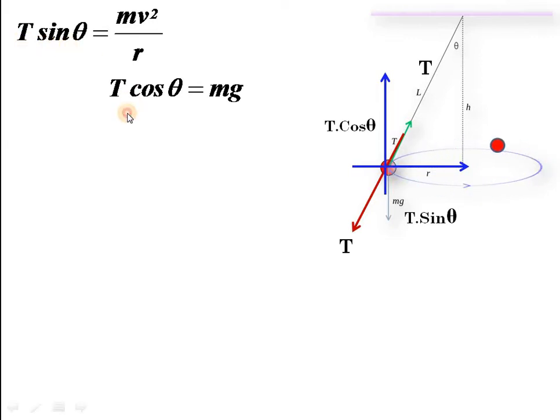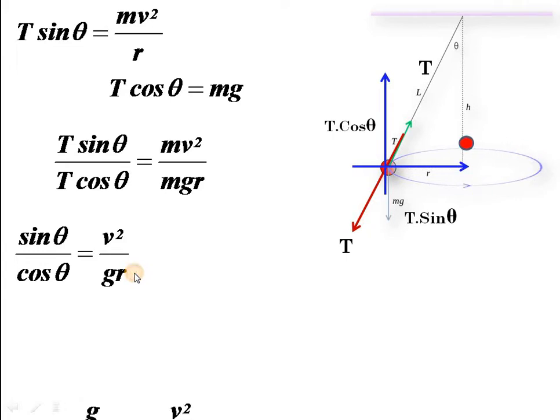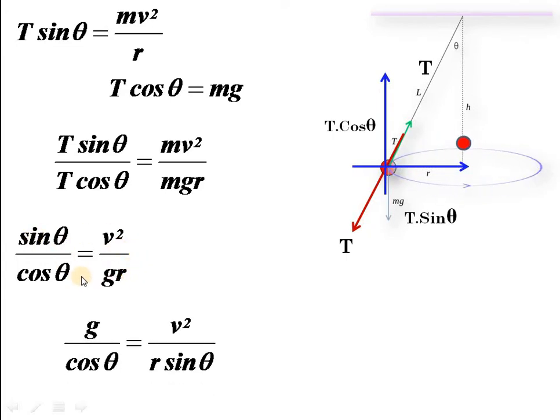So we have now two relations, one is the T sin theta relation, one is the T cos theta relation. If you divide T sin theta by T cos theta, you get mv square by r by mg. It's a very simple relation, and by cancelling the masses, we get sin theta by cos theta equals v square by rg. Just rearrange this equation.